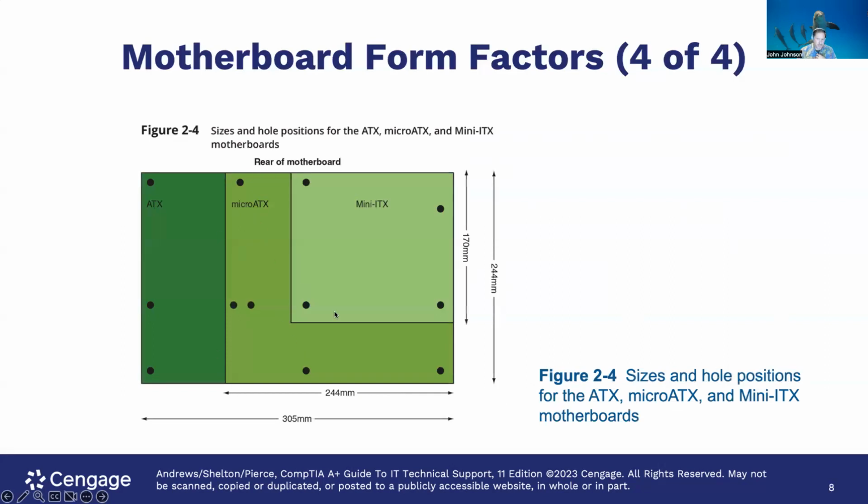Micro ATX, I actually have a couple of systems that use the micro ATX, and it's really a wonderful, almost like a book-size computer. And I really do love those little systems, like the HP EliteDesk, I think is the one that I personally use. And I really like that. And then there's the mini ITX, which is even smaller than that.